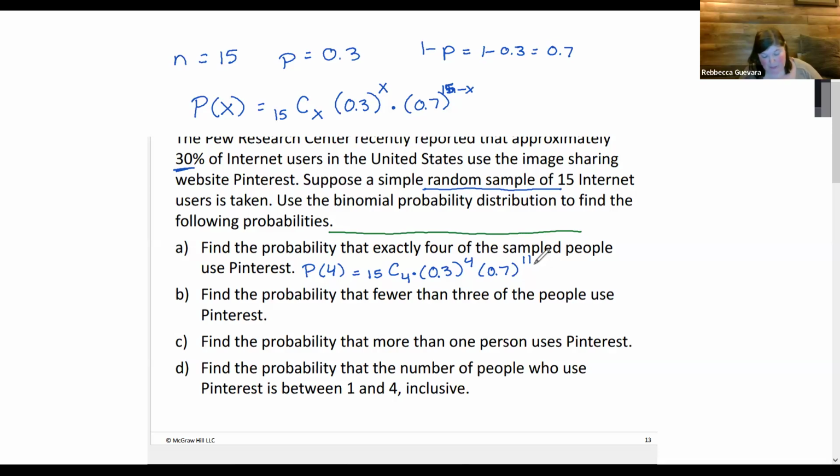We're going to do this all in one clump. 0.3 to the power of 4, and then 0.7 to the power of 11. So what I get here is the probability that if I found 15 people, 4 of them use Pinterest, and that probability is 0.218, and you just keep on going. 86. I'm going to stop it there.